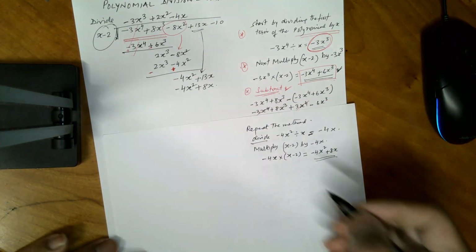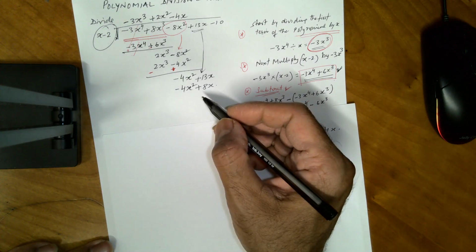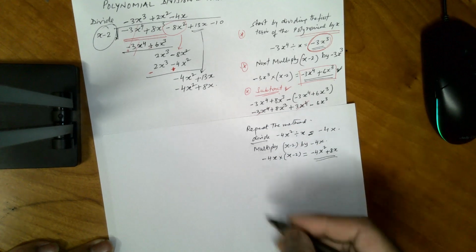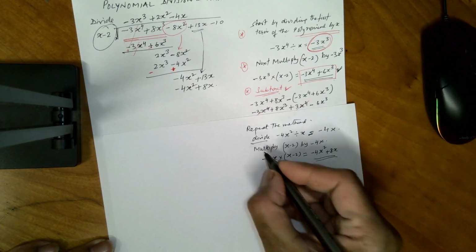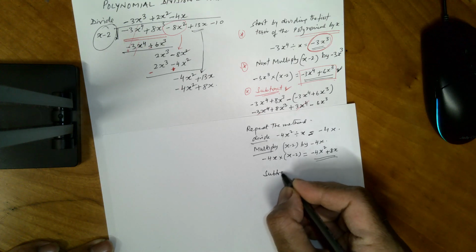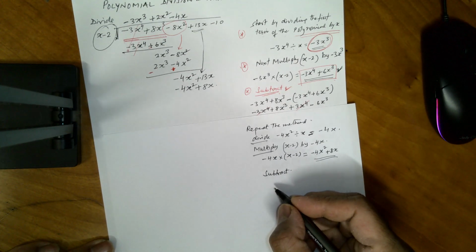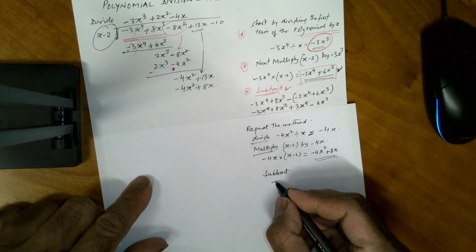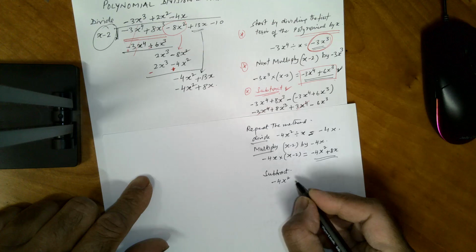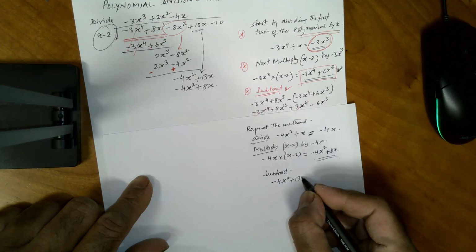Now obviously you have written this here. However, we still have to do the subtraction in here. So subtract. This time what you got here, you have minus 4x squared plus 13x.